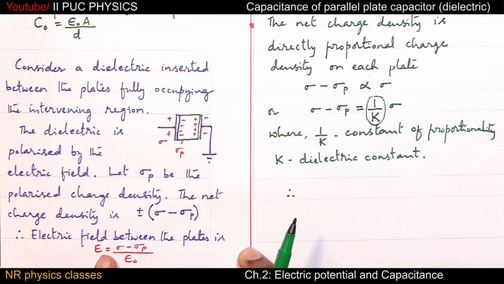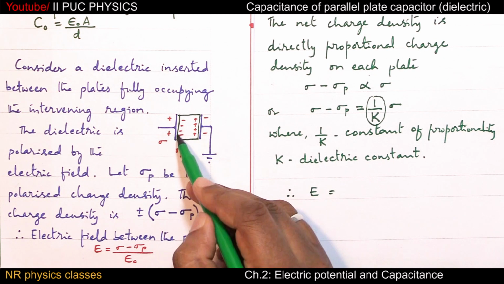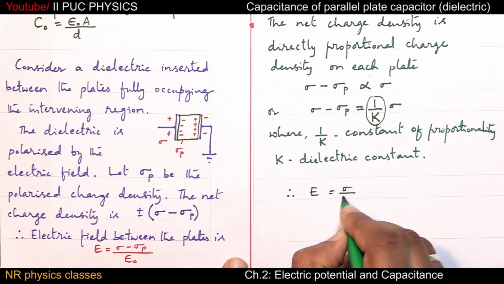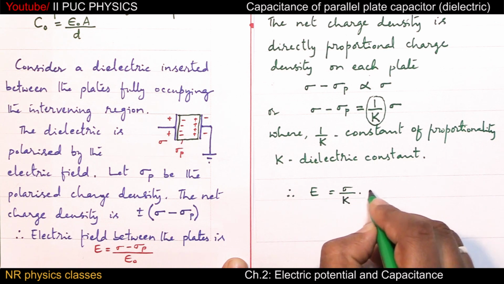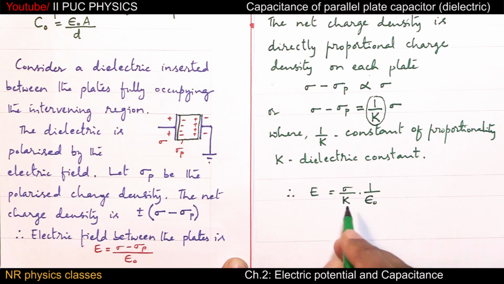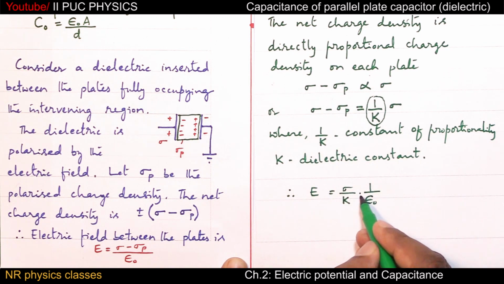Therefore, this electric field becomes electric field between the plates equal to sigma by k in place of sigma minus sigma p, into 1 by epsilon naught.